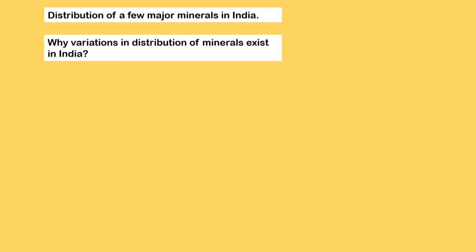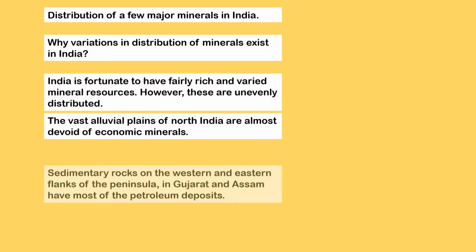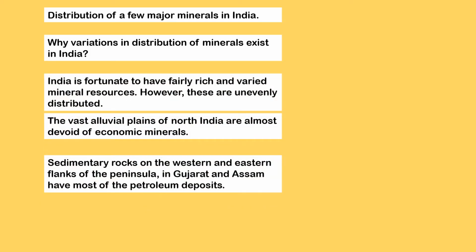So, India is very fortunate as it has a rich source of minerals, but the distribution is not even. For example, the northern plains, which are rich in alluvial soil, are devoid of economic minerals, right? Sedimentary rocks on the western and eastern parts of the peninsula, like in Gujarat and Assam, have most of the petroleum deposits.